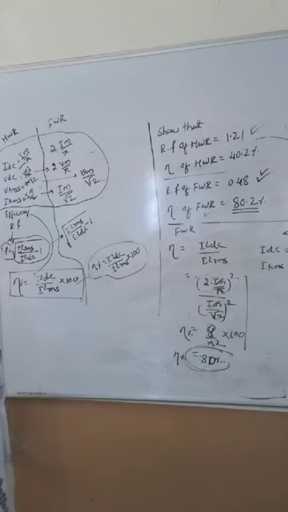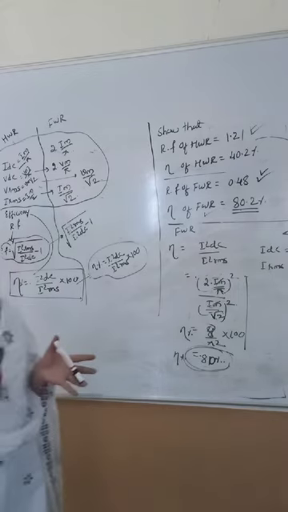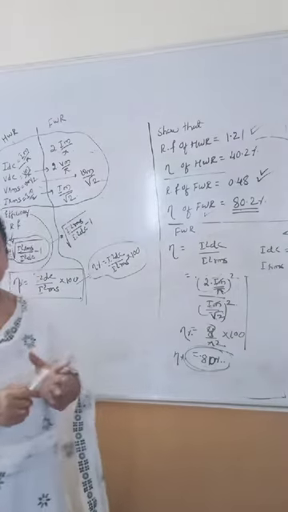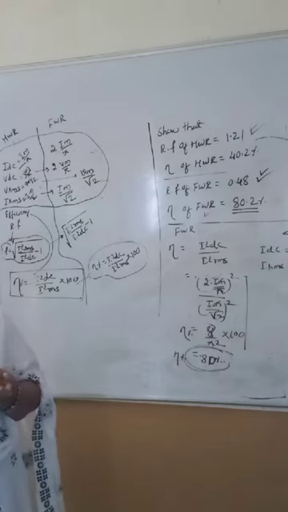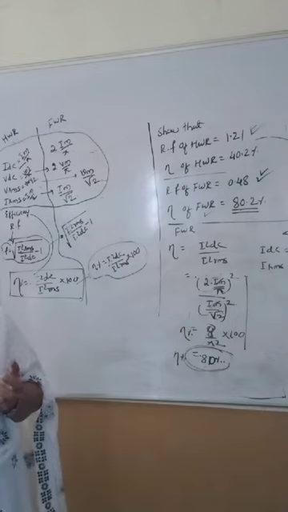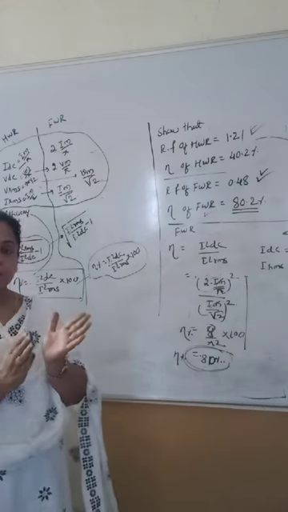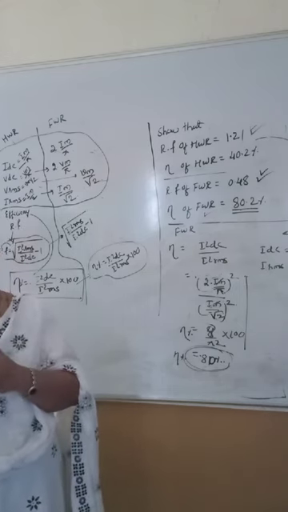So what we have done today is only the derivations. Derivations for IDC, VDC, IRMS, VRMS, ripple factor, and efficiency for half wave, and even for full wave. Then we went for showing that the ripple factor of half wave is so much and of full wave is so much.